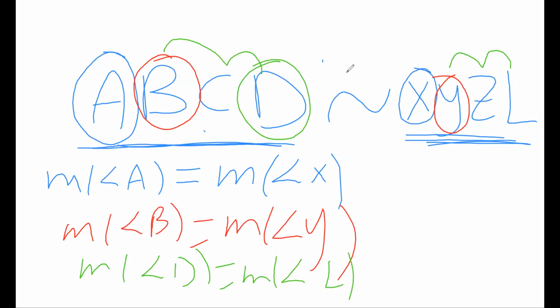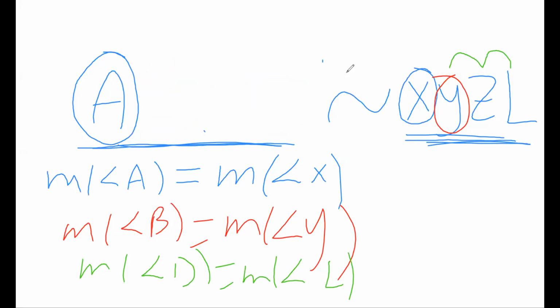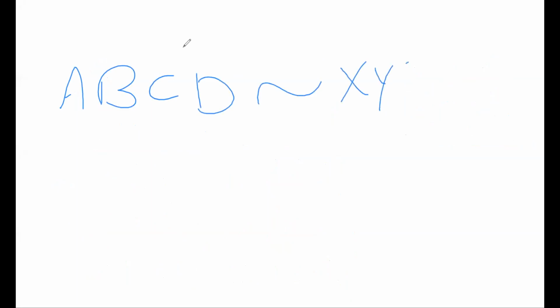If I want, okay, clear it and write it again, it's easier. ABCD similar to XYZL. Okay, if I want, I will write AB, side AB, proportional to which side? XY. Yes, XY.